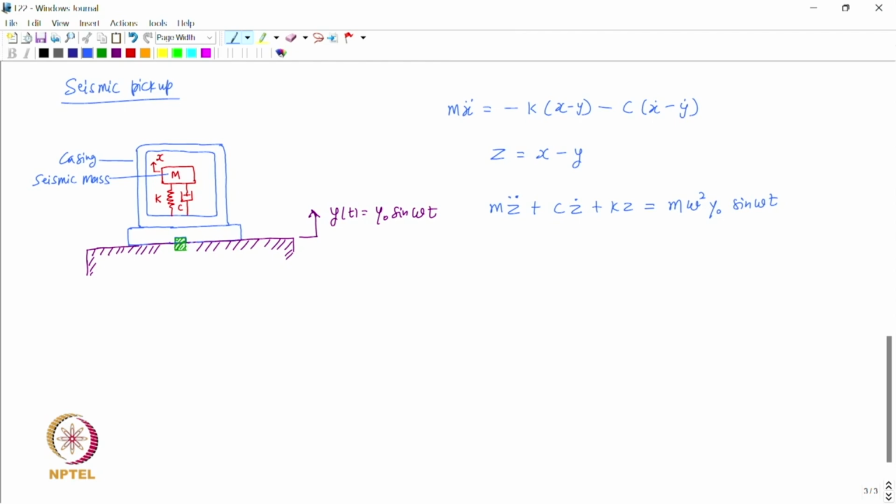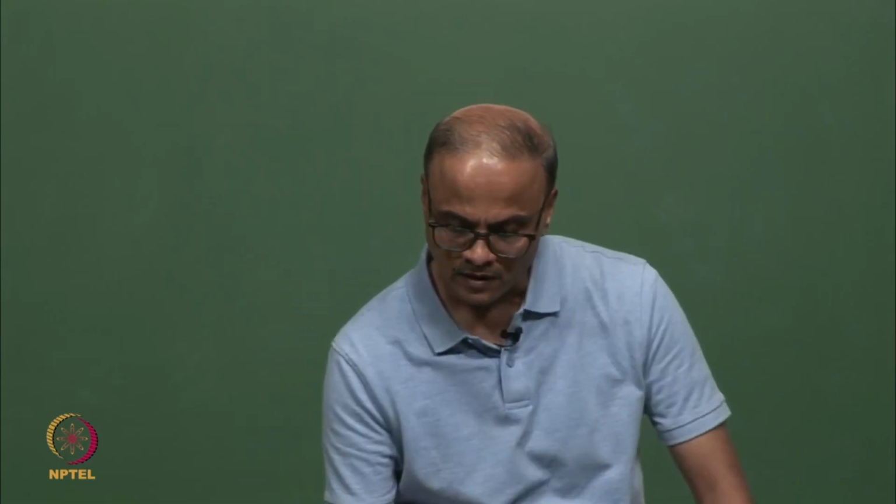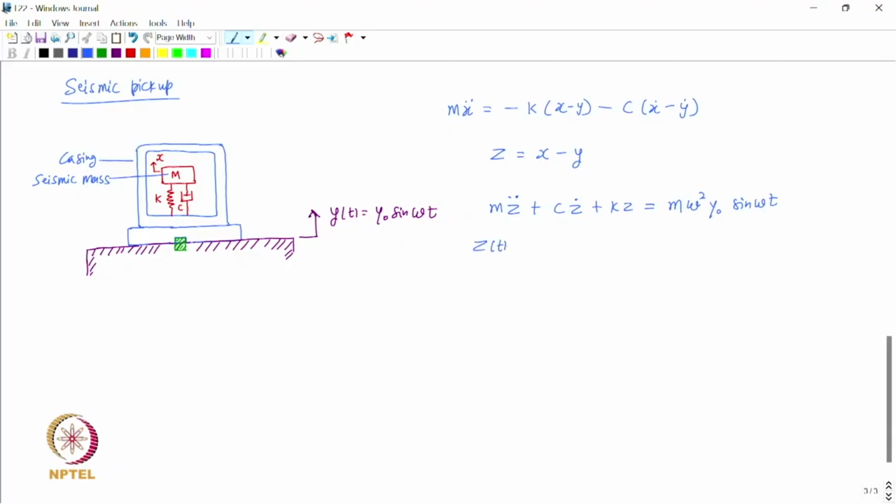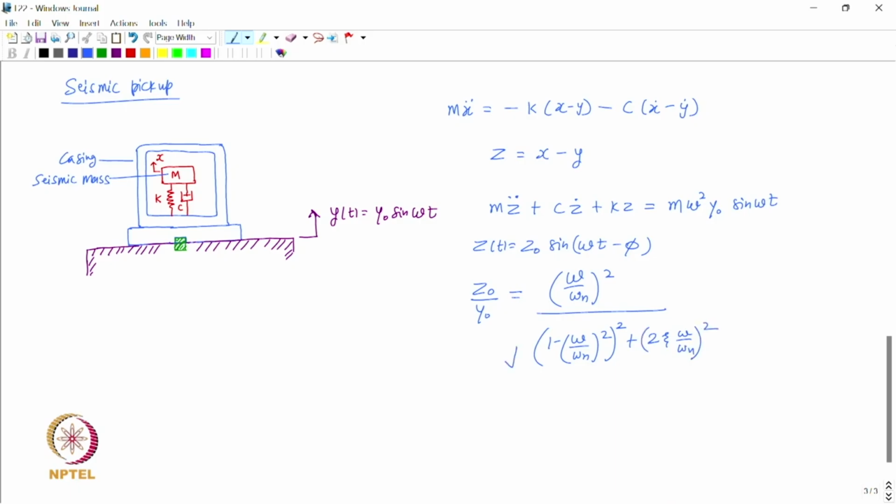And if we solve this differential equation and obtain the steady state response, and if the steady state response is given by, let us say, z of t is equal to z naught sin of omega t minus phi, where omega is the frequency of the vibration and phi is the phase angle of the response, then we see that z naught upon y naught is equal to omega upon omega n whole square divided by the square root of 1 minus omega upon omega n whole square, whole square, plus 2 zeta omega upon omega n whole square.